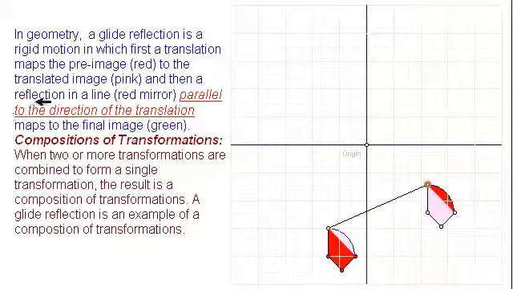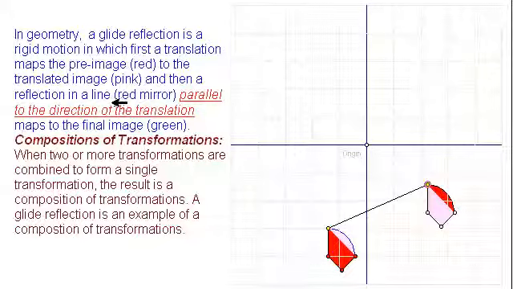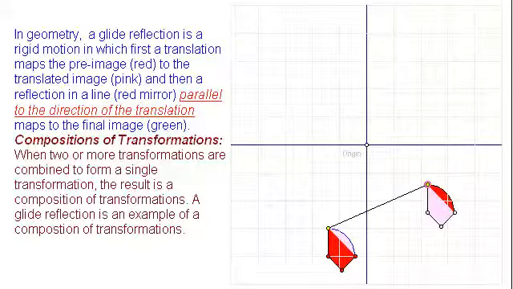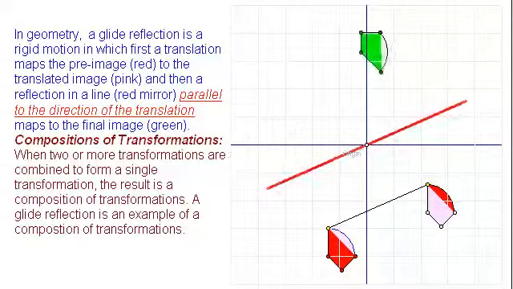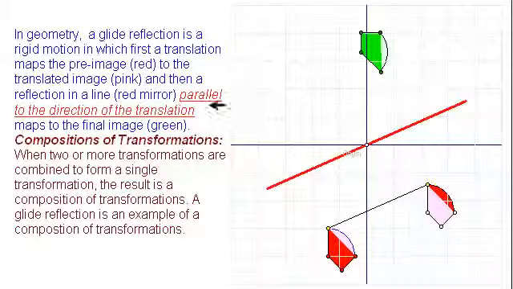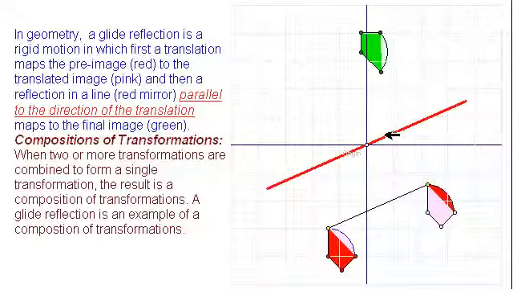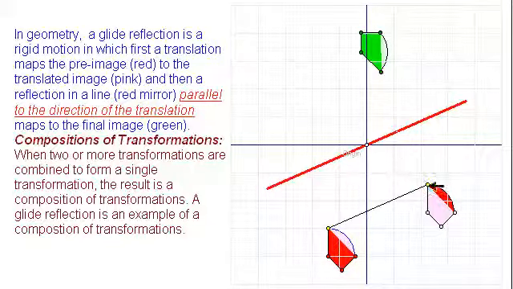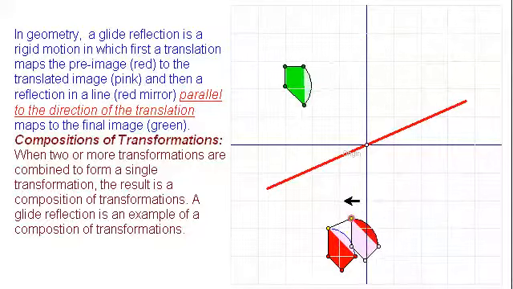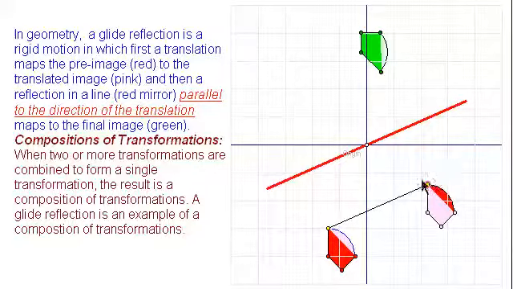And then a reflection in a line. So I'm going to do the reflection. Then the reflection in a line, which is a red color, parallel, this is important, parallel to the direction of the translation. Now this red line or the line of reflection is parallel to this translation.